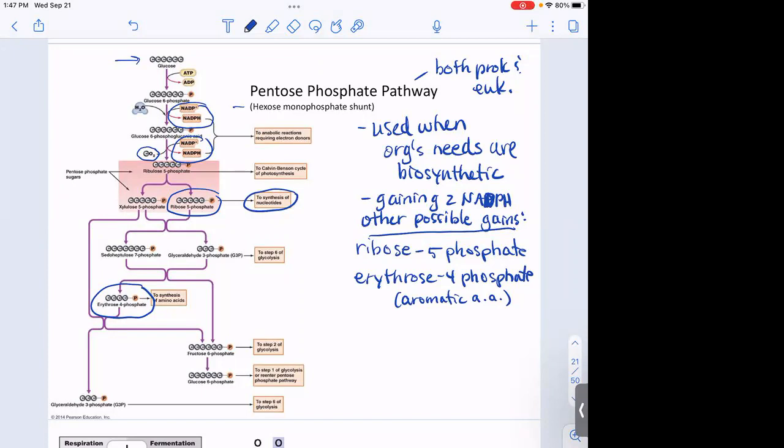And you know, if you shuffle down through here, you've got some carbons left over, and some of those leftover carbons, like maybe glyceraldehyde 3-phosphate, are going to get shunted into glycolysis, and then maybe a little bit of energy getting out of whatever's left over. Okay, so no ATP directly from this pathway, pentose phosphate.